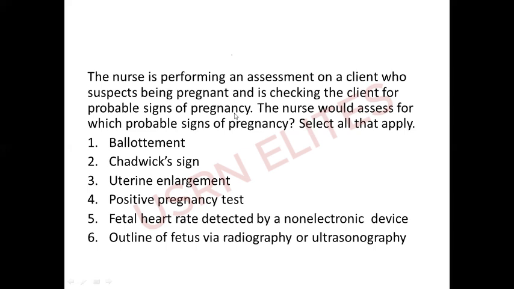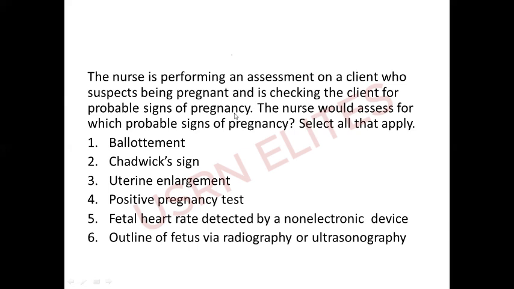Okay, so we have a question on the screen. It says that the nurse is performing an assessment on a client who suspects being pregnant and is checking the client for probable signs of pregnancy. The nurse would assess for which probable signs of pregnancy.